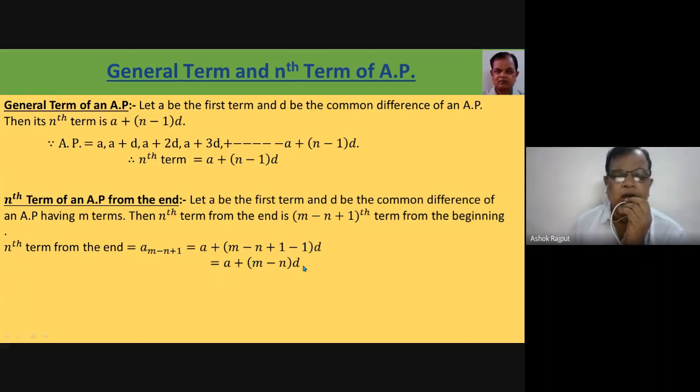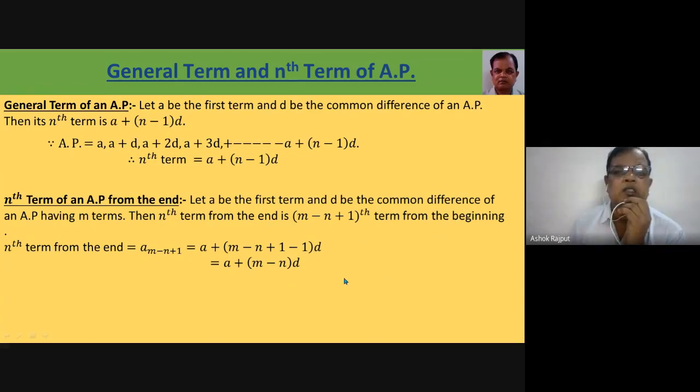Now we get the nth term from the end equal to a plus (m minus n) into d. In such a way we can find the nth term from the end if there are m terms in total. This is the formula from the last.